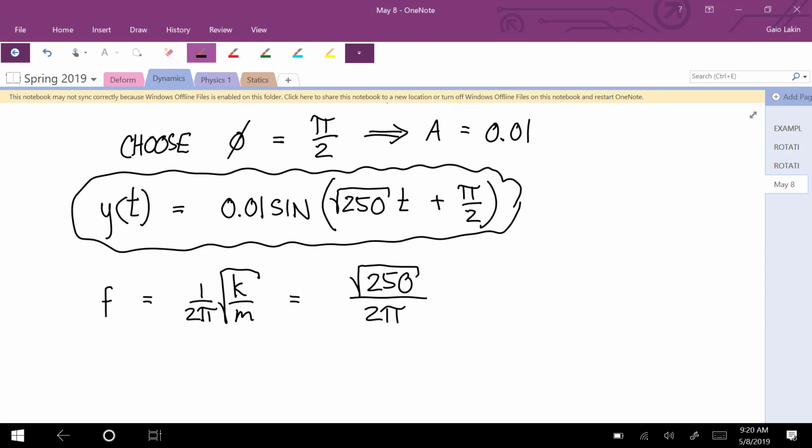Yeah, can you calculate that for me? 2.52 hertz. Is that the unit you want? Yeah. That's 1 over seconds.